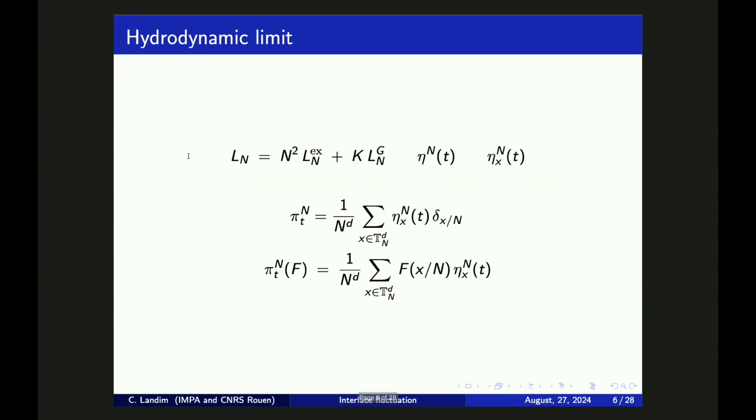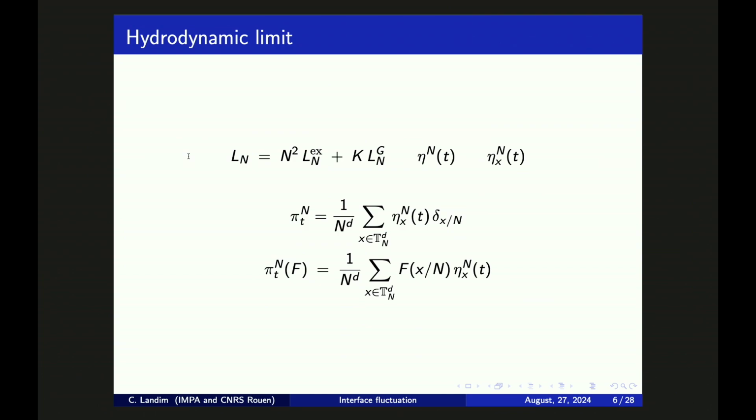Okay. So let me take this model in which we will speed up the exclusion part by n squared, and the Glauber part by k. So k for the first part of this lecture will be fixed, but then it will be sent to infinity. Okay, so I'll keep this k. Let me call eta_t this process, and we will be interested in the empirical measure.